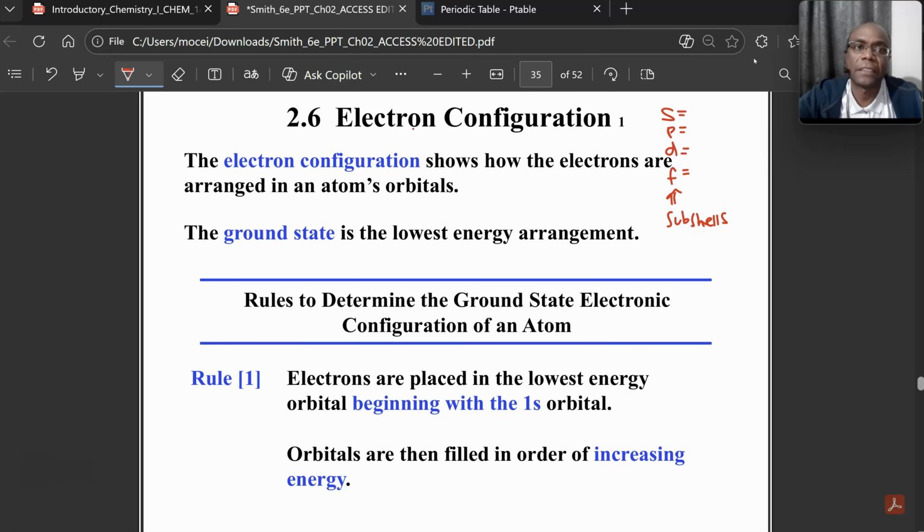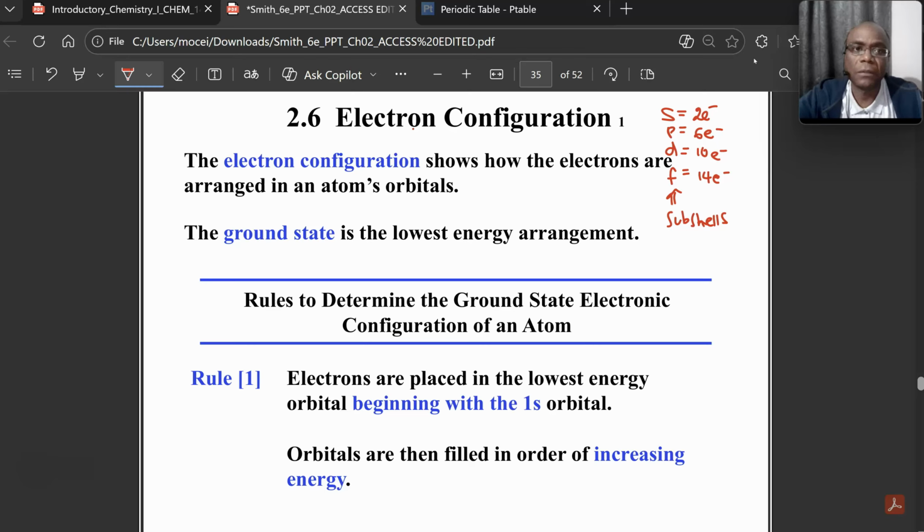We know by now that the s orbital carries a maximum of 2. Each of the p orbitals carries 2, but there are 3 of them, so 6 for p, 10 maximum for d because it has 5 orbitals in the d subshell. Then you have 7 orbitals in the f, so 14 electrons. Each orbital is 2 electrons.